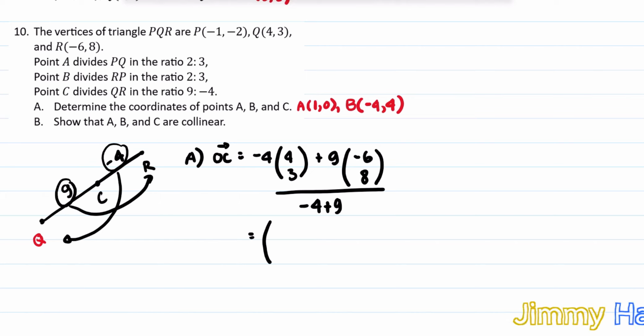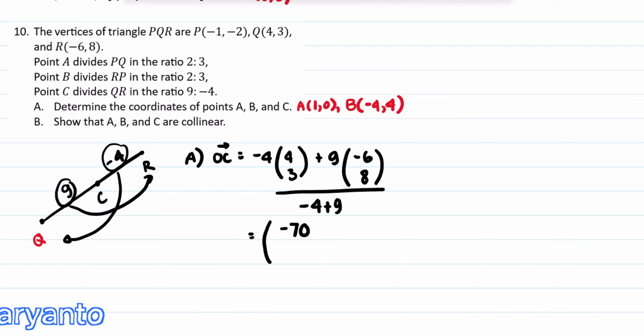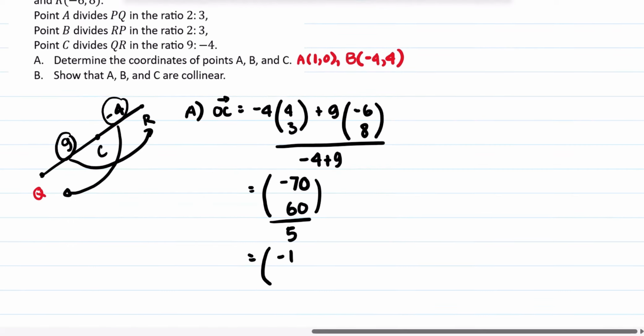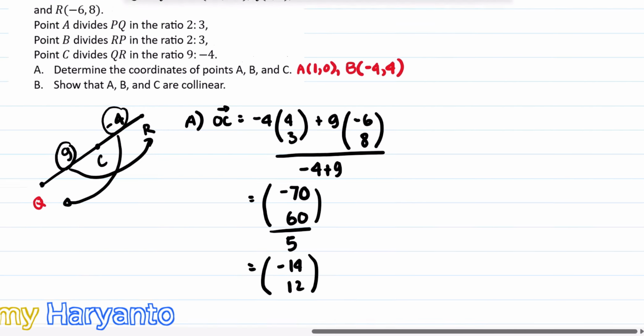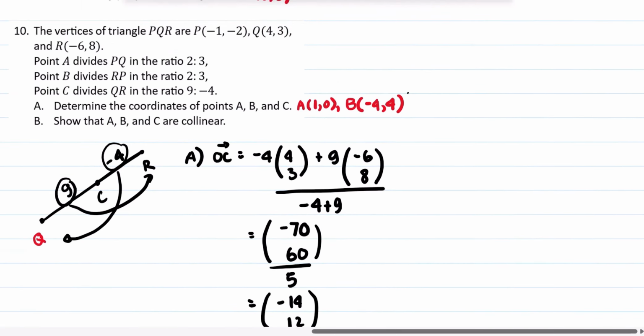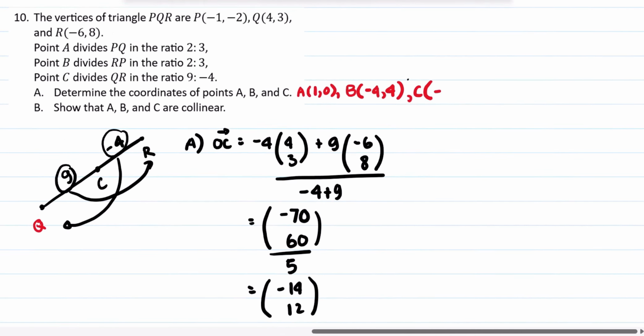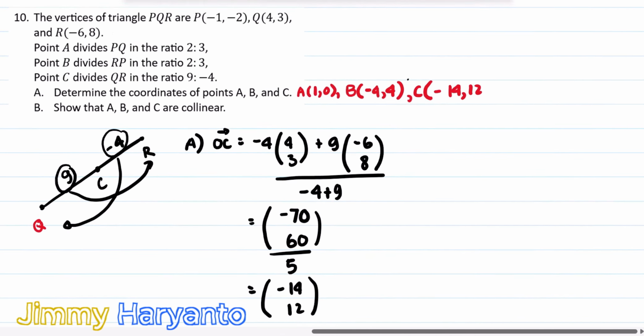So -16, -54, -70. This one is -12 and 72. It's 60 divided by 5 equals -14 and 12. Okay, so this is the point C. The point C is -14, 12.